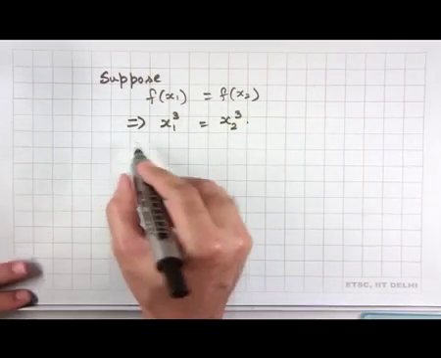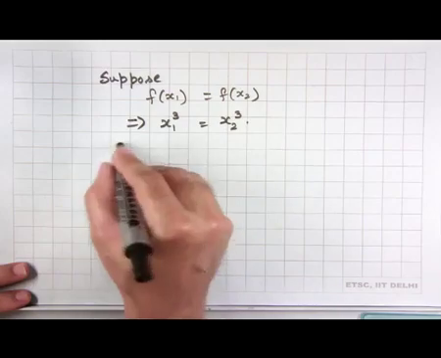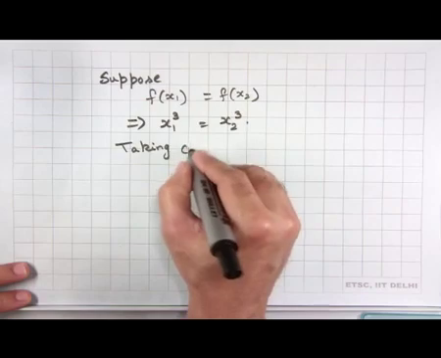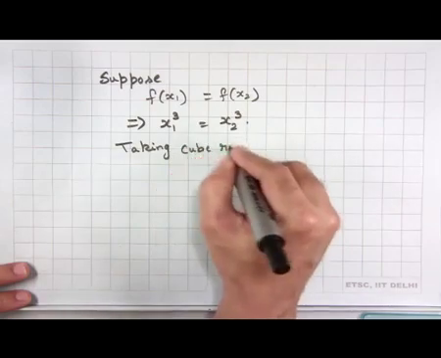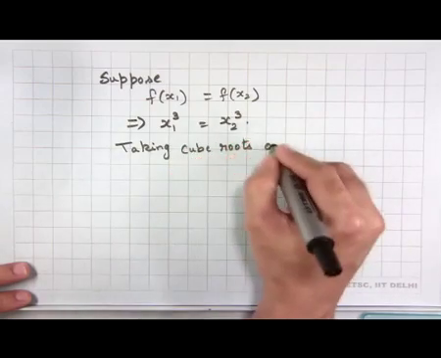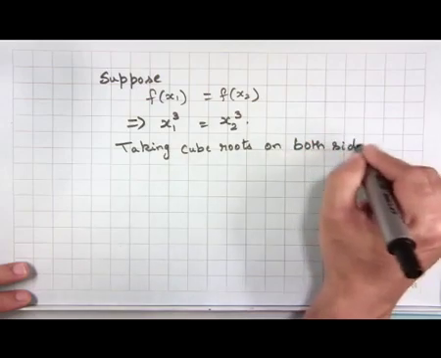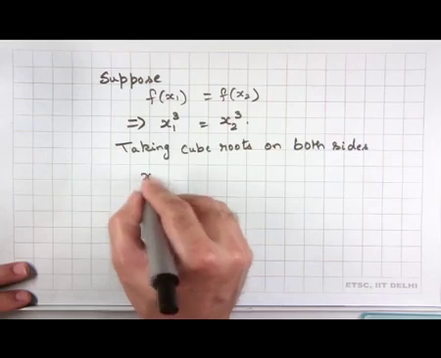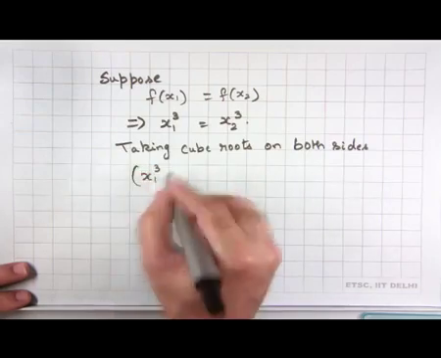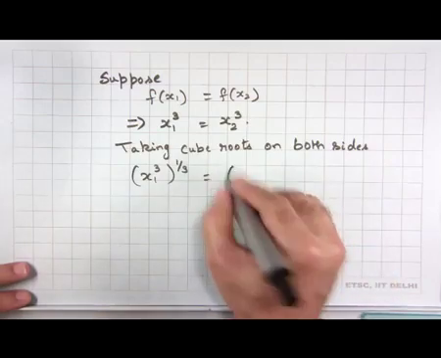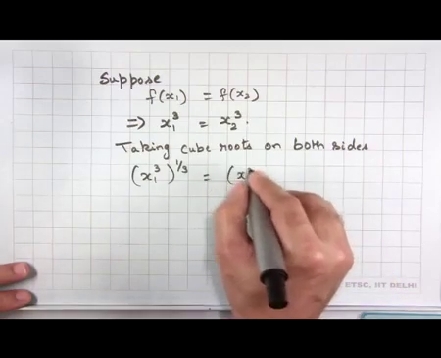Now, taking cube roots on both sides, we have the cube root of x1 cube is the same as the cube root of x2 cube.